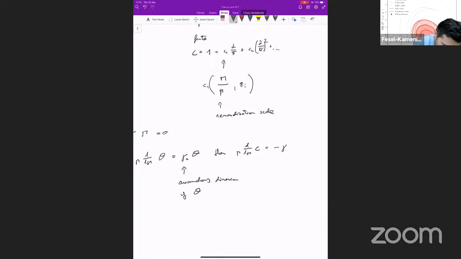So it has to be minus the same function times C.